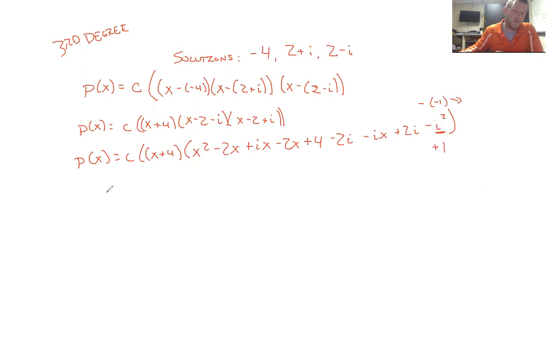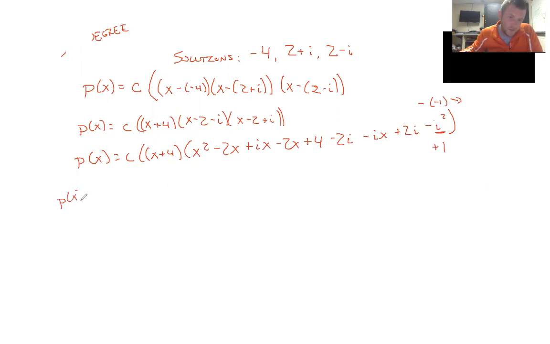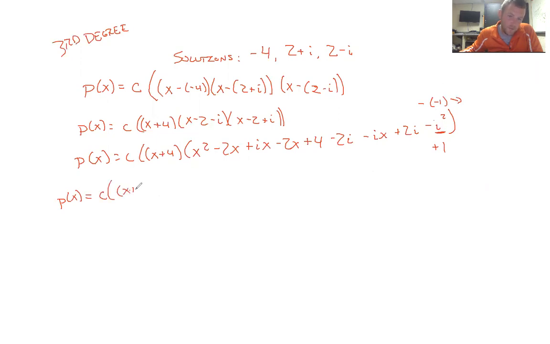Okay, so let's simplify. P of x is equal to c, x plus 4. x squared, there's no other x squared. -2x and -2x would be minus 4x. ix and -ix, those will cross off. -2i and 2i, those will cross off. And I'm left with 4 plus 1, which is 5. See how much easier that looks now?